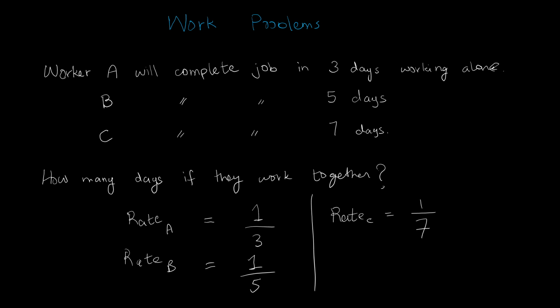And that's it. Because now, to work together, you just have to add the rates of work and you will have the solution. So yeah, it's very straightforward. Add all of them together.